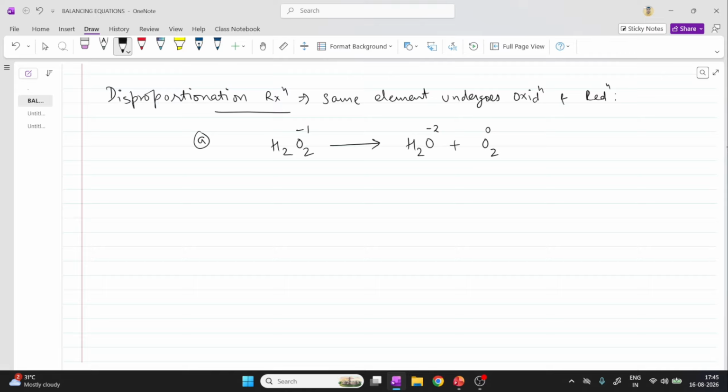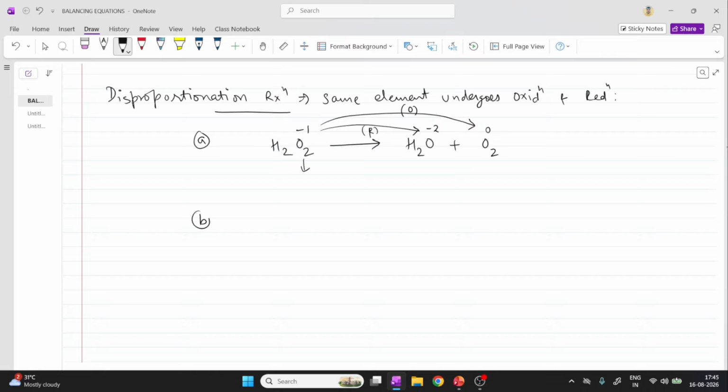So from minus 1 oxygen is going to minus 2, that means it is a decrease, so it is undergoing reduction. And minus 1 to 0 means increase, so this is oxidation. So the same element oxygen is undergoing reduction as well as oxidation. So these types of reactions are called disproportionation.